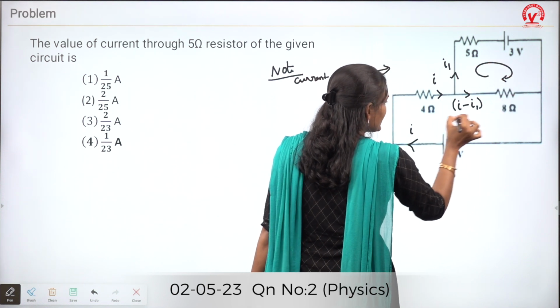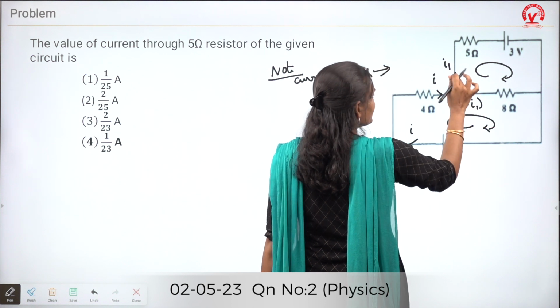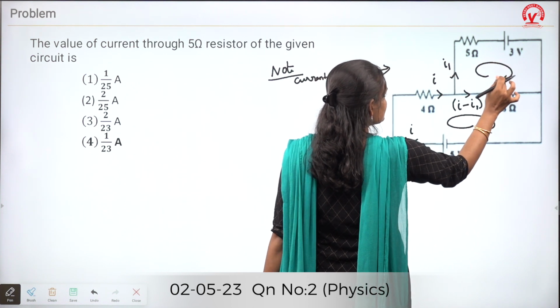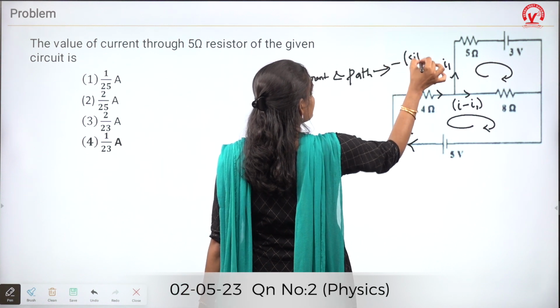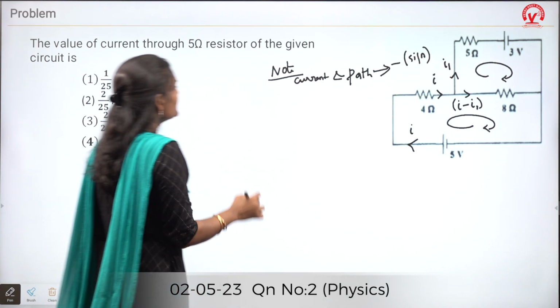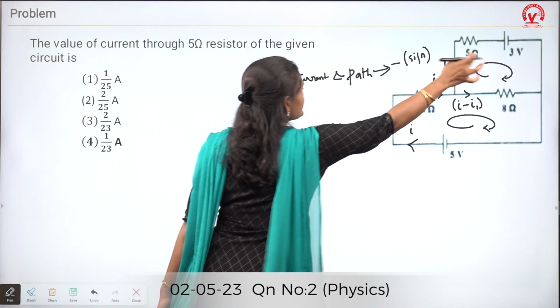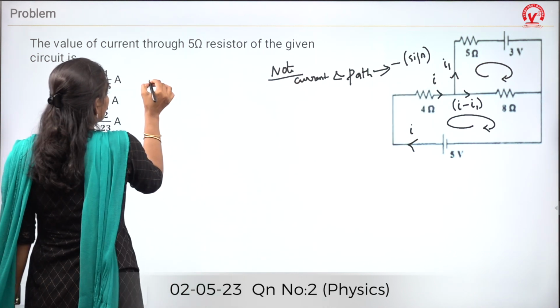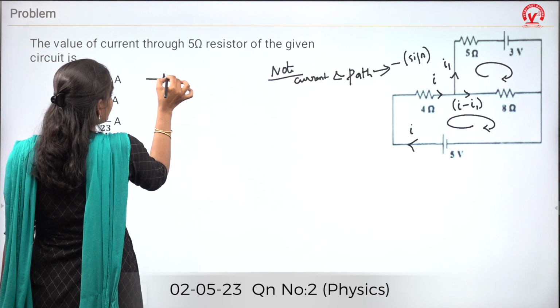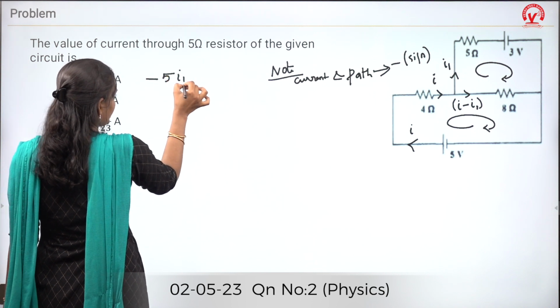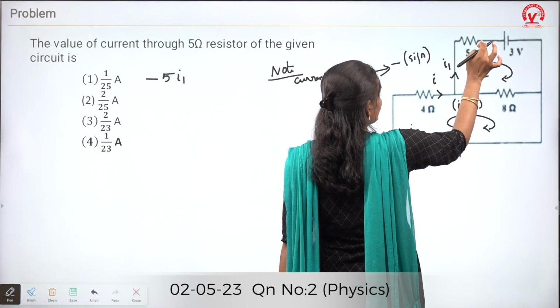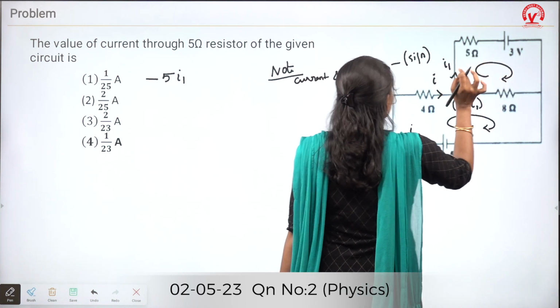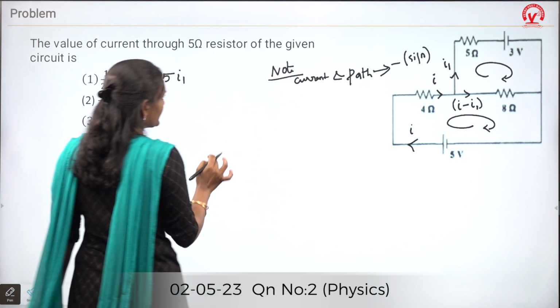For this loop the path direction is like this, and the current is in the same direction, so the sign is negative. So I am going to write the equation as minus 5I1.